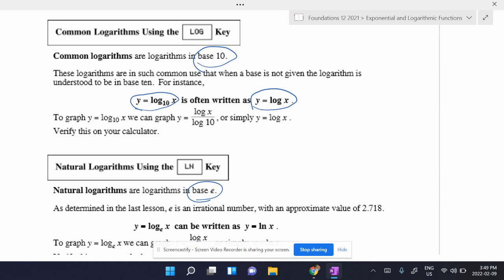So if you would please graph y is equal to log x over log 10, and then y is equal to log x. Pause me right now and do that. You should have one line right over the other. Okay, so that's all that is.